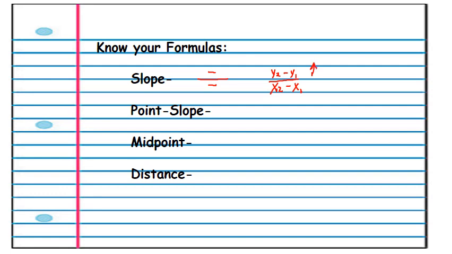Remember, so far up and down, so far back and forth. Point-slope: y minus the y's equals the slope times x minus x. Okay, you need two things. You need a point, an x and a y. And you need a slope.